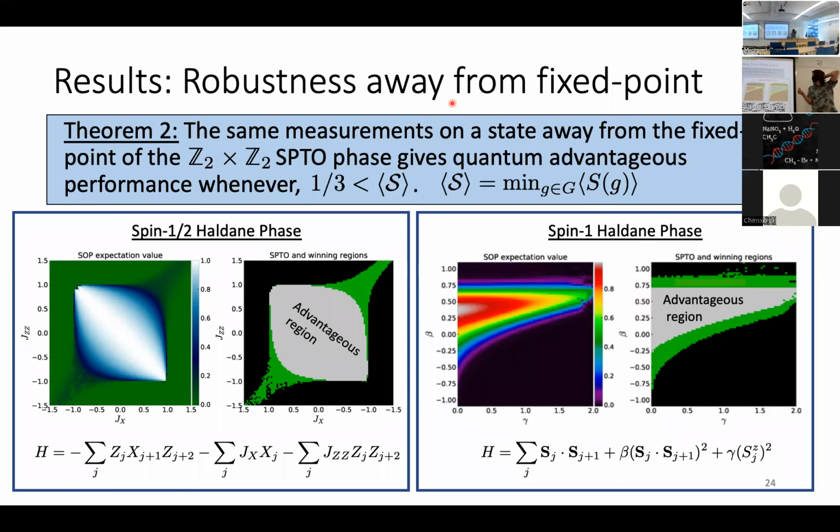But I imagine that there might be something, though it may not work for the Z2 cross Z2 SPTO phase. It might be the case that we need to look to some SPTO phase protected by some other symmetry group, like the S4 phase. Yeah, there's this claim that you can do finite angle rotations in the S4 phase. I see. Maybe some computational renormalization procedure, but that's kind of the question.